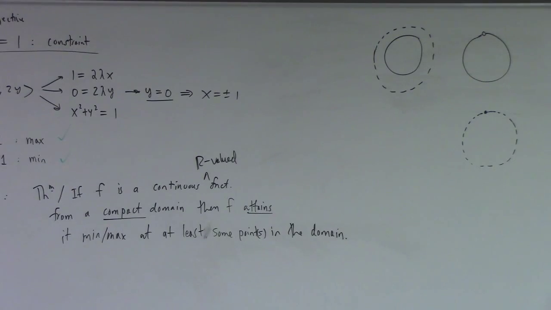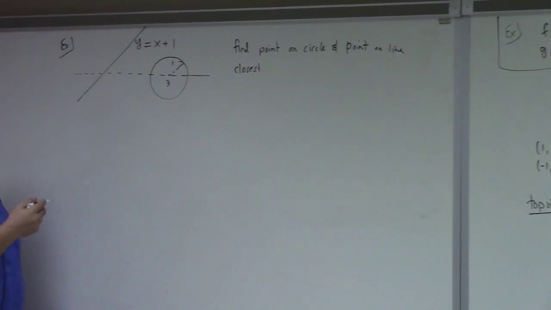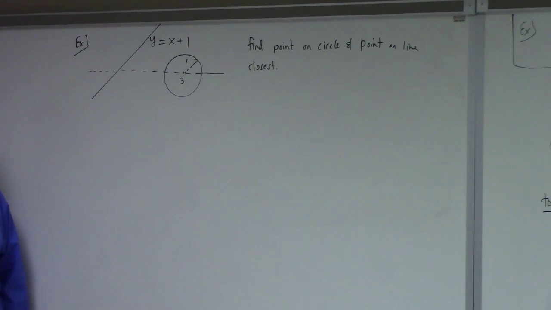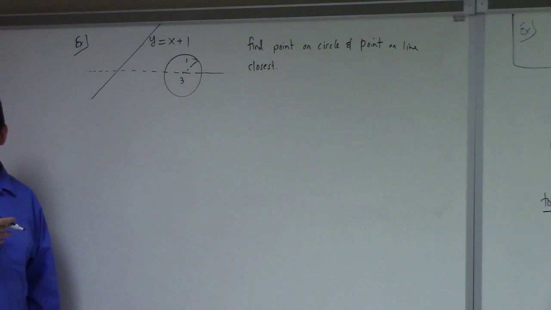In other words, find the distance between the circle and line. Now, again, geometrically, I think you already know the answer, right? But I want to use this as a showcase of the method. So here's the thing. This is a problem in 2 dimensions, but it's really a 4-dimensional problem. Let me show you why.